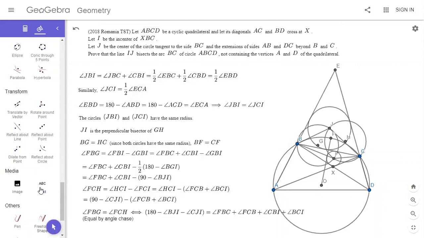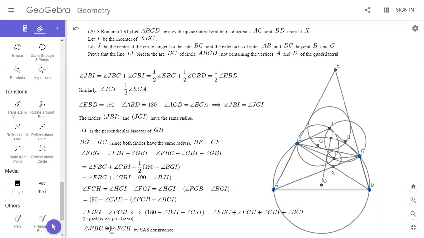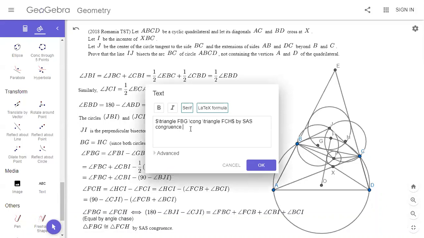And so that means that triangle FBG is congruent to triangle FCH. So that means that FG is equal to FH.